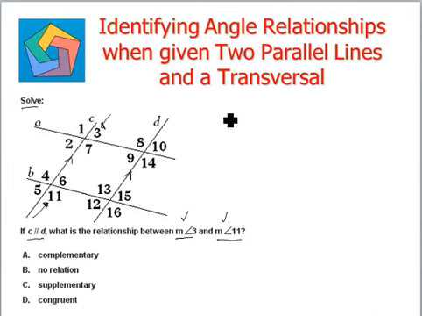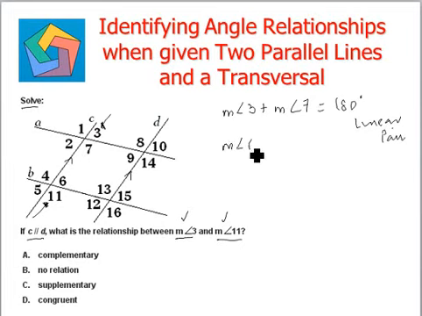If we notice carefully, measure of angle 3 plus measure of angle 7 equals 180 degrees because they are forming a linear pair. Similarly, measure of angle 6 plus measure of angle 11 is also equal to 180 degrees.